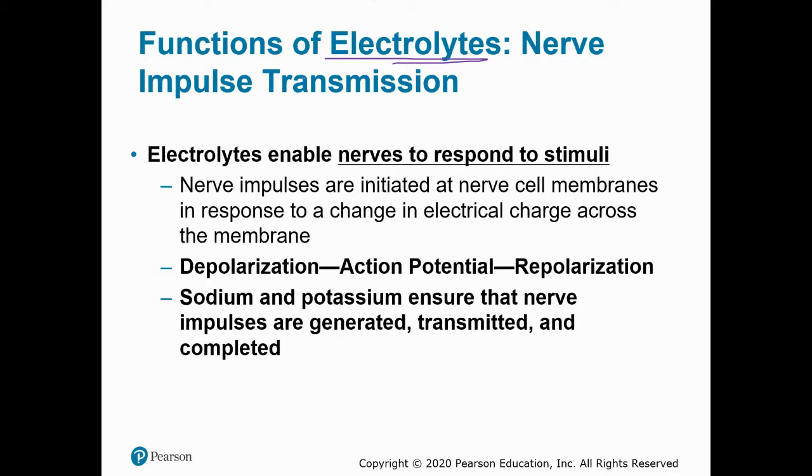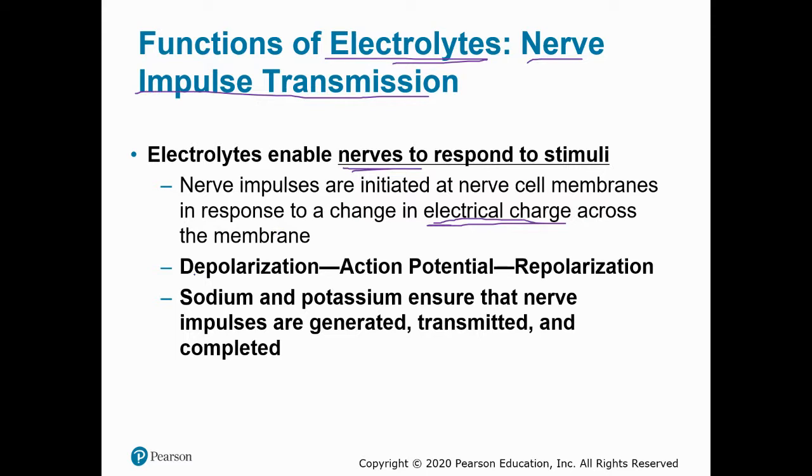So this is a second function of electrolytes, nerve impulse transmission. So basically how nerves respond to stimuli and communicate from one to another, and ultimately, in most cases, communicate to a muscle or an organ. So nerve impulses are basically these electrical charges that travel down the neuron.